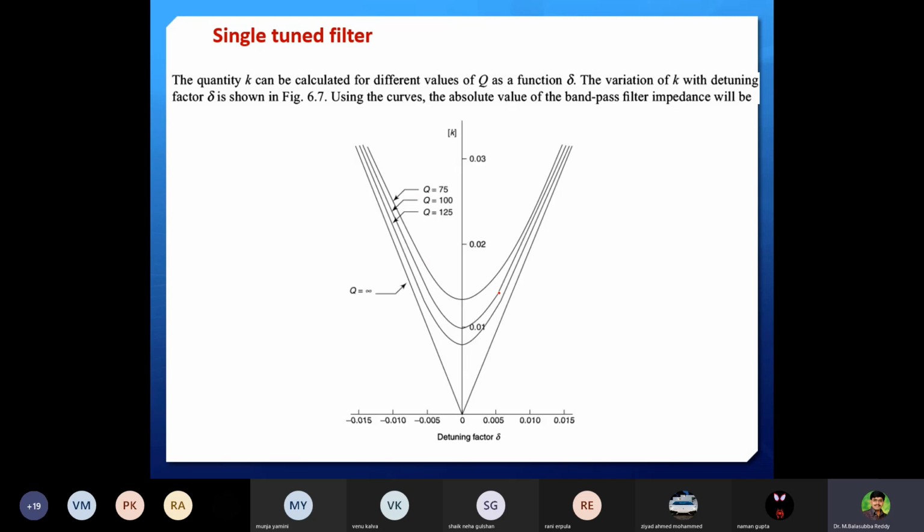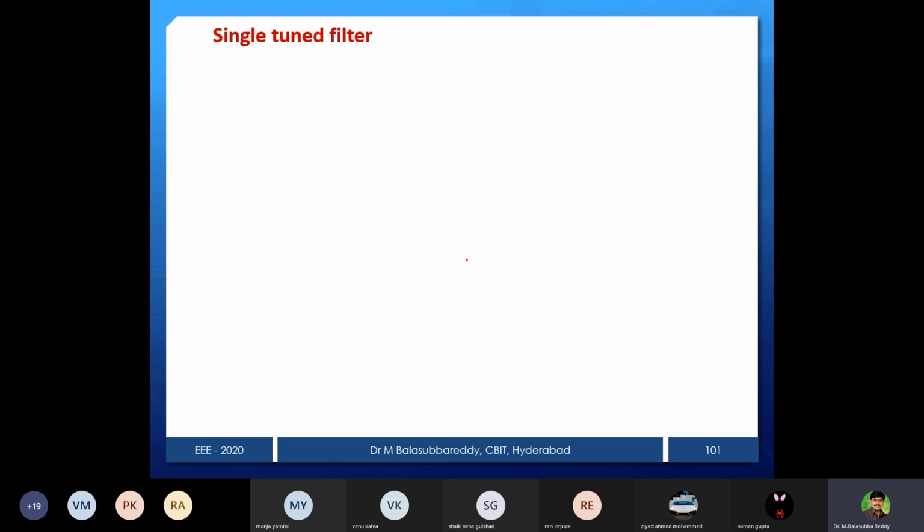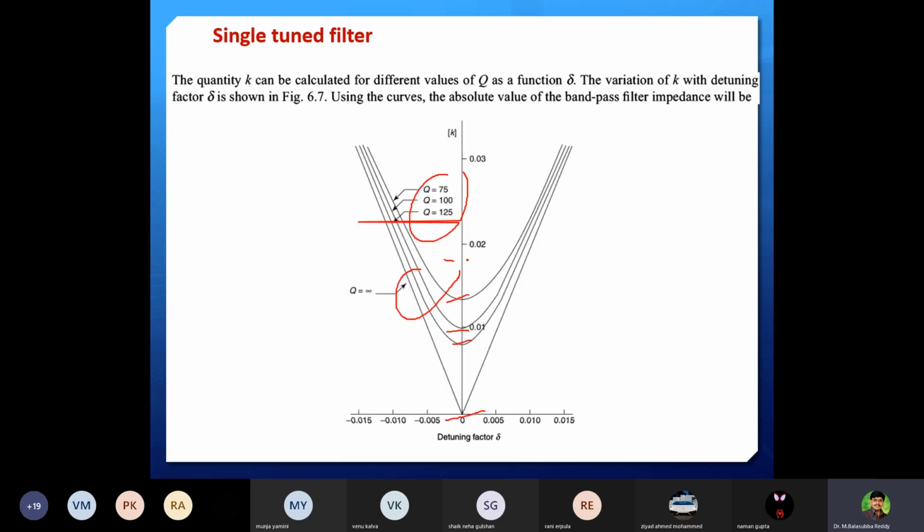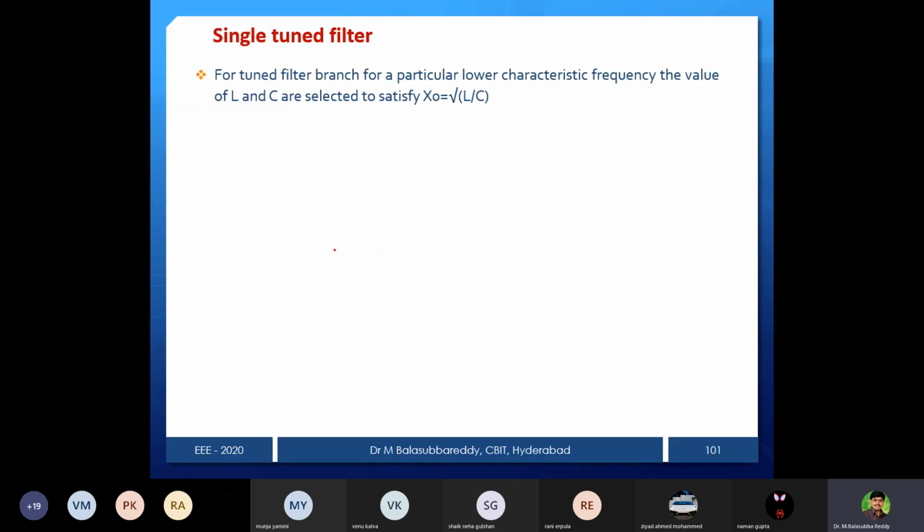These are the variations at a minimum point. So once you vary that K with different Q factors, we can plot the graph. So this is about the single tuned filter, and the minimum cost of the single tuned filter and all we can see in the next class. Just one small step.